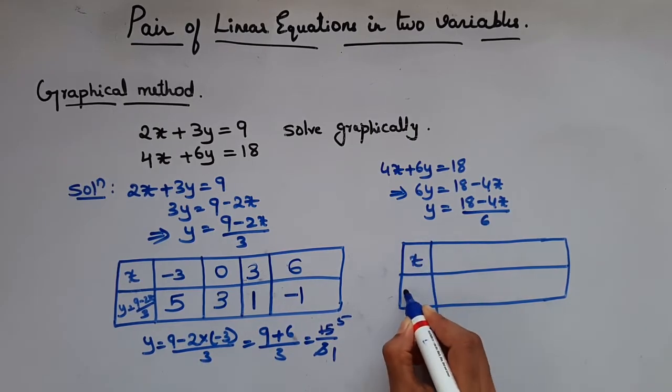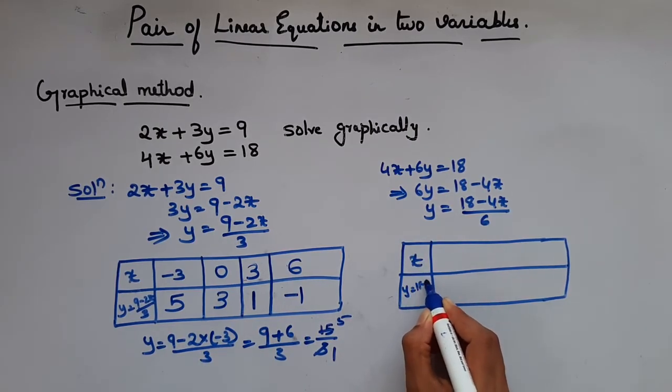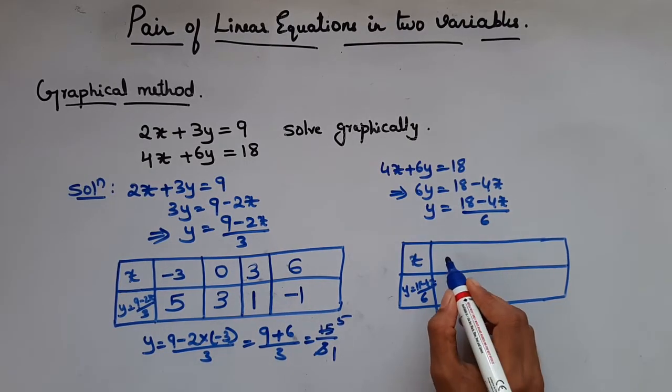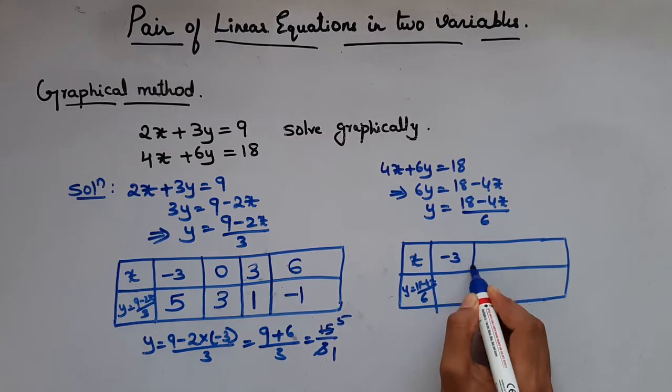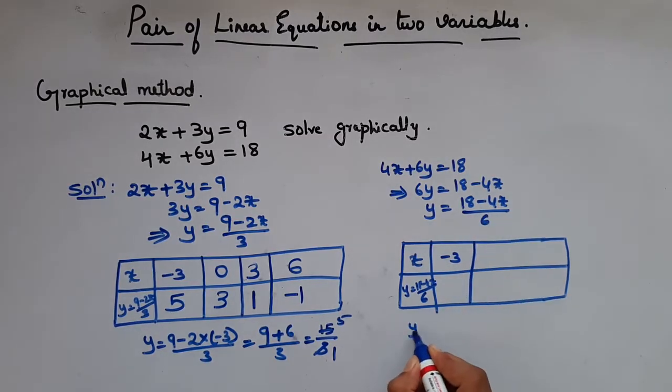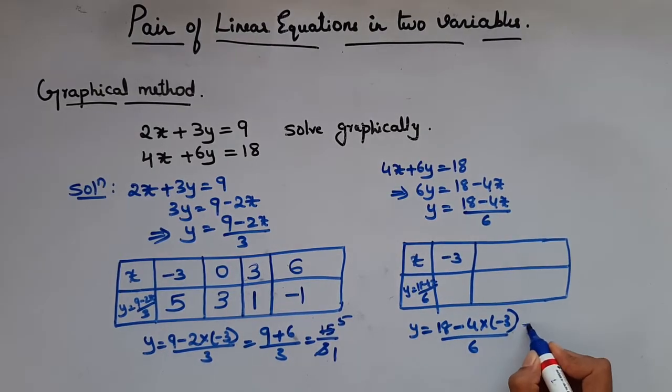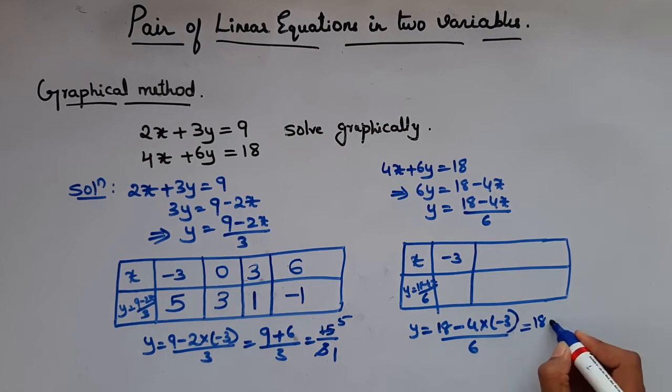When x is equal to minus 3, when you substitute minus 3 here, y is equal to (18 minus 4 into minus 3) by 6, which is equal to 18, minus of minus is plus, 4 3s are 12, by 6.